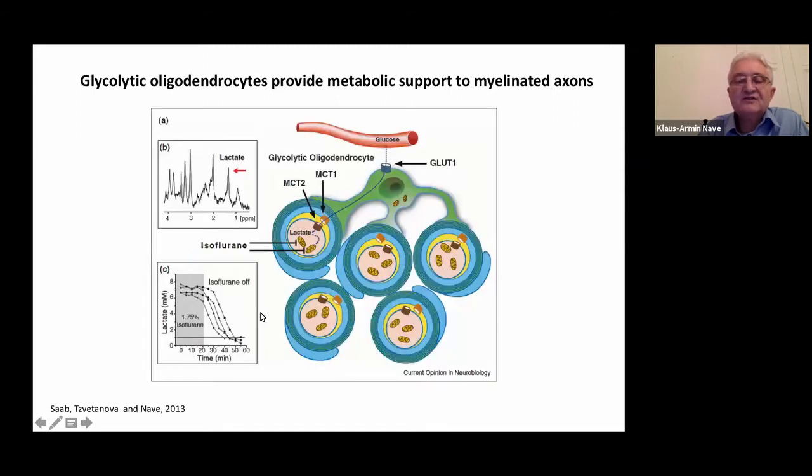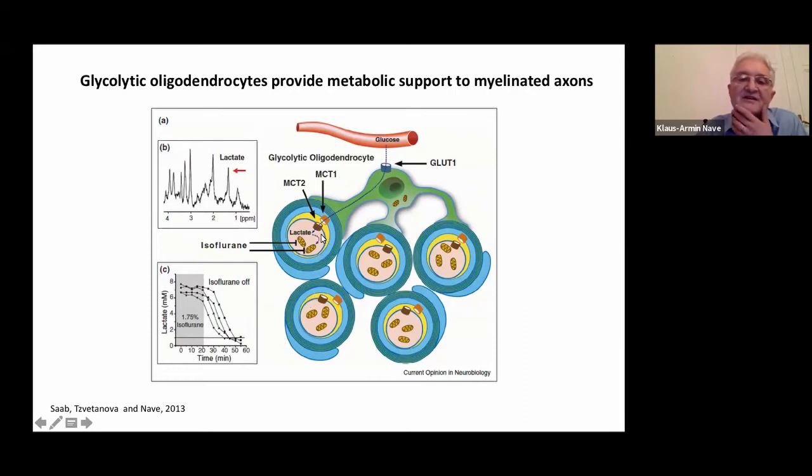The next slide shows it again in a schematic fashion. Oligodendrocytes here use the cytosolic space for glycolysis. GLUT1 gets glucose in, and monocarboxylate transporters MCT1 and MCT2 on the axonal side put the lactate into the axonal compartment.